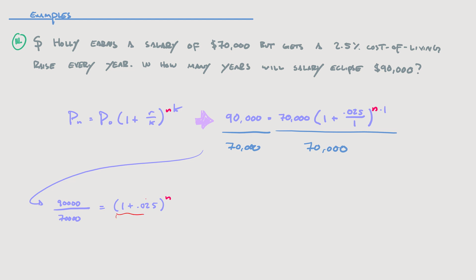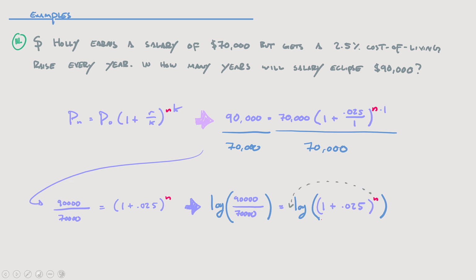One thing I did do is I turned 0.025 divided by 1 into 0.025 and n times 1 into just n. So keep that in mind. But now I have the stuff raised to the power isolated, so I'm going to take a log of both sides. And all that is writing log in front of both sides of my equation. Because this log exists, I can use the log property that says bring down the exponent in front of all that stuff.